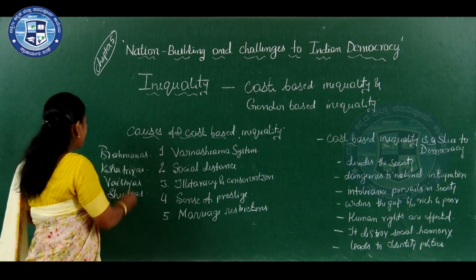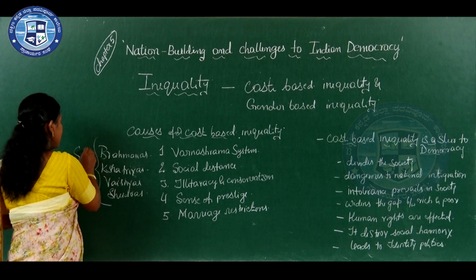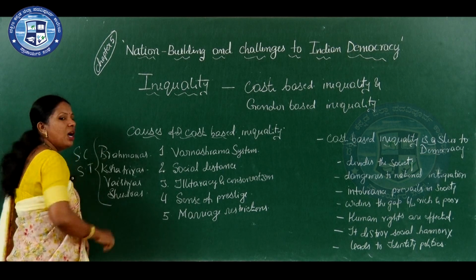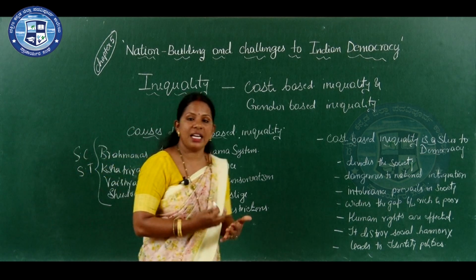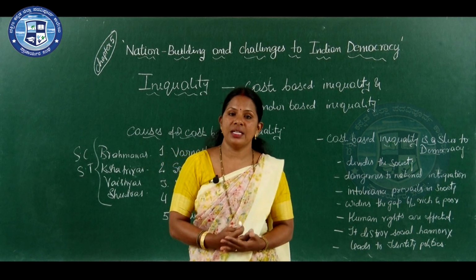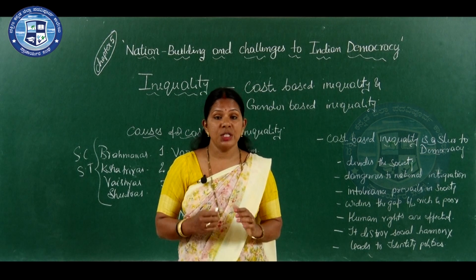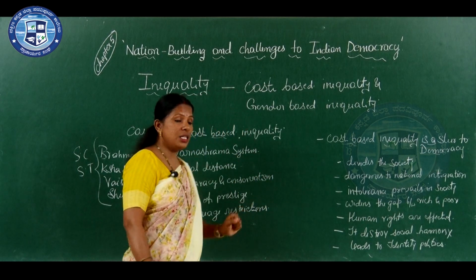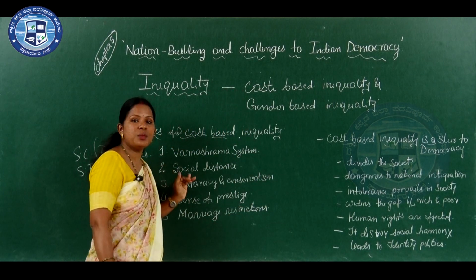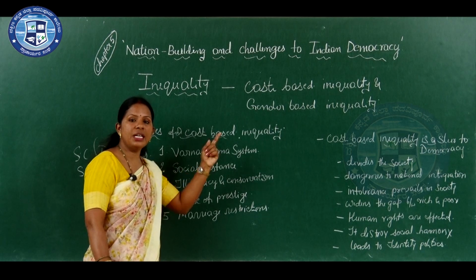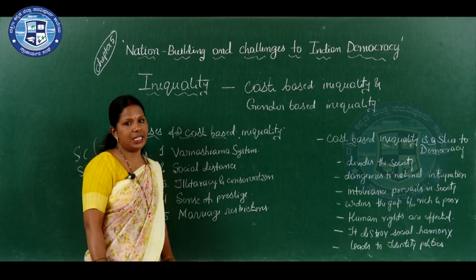The scheduled caste and scheduled tribe are outside this caste hierarchy. So, dear students, the practice of the Varnashrama system is one of the causes for the caste system in India.